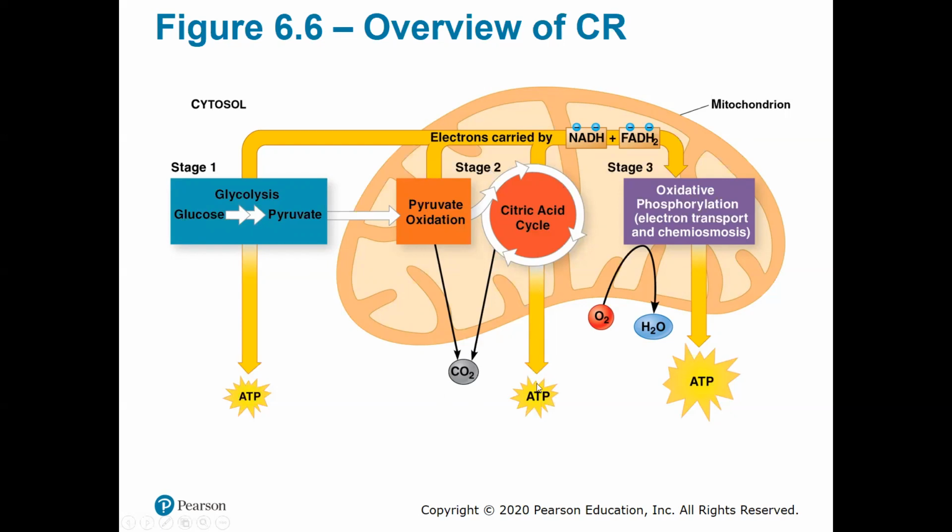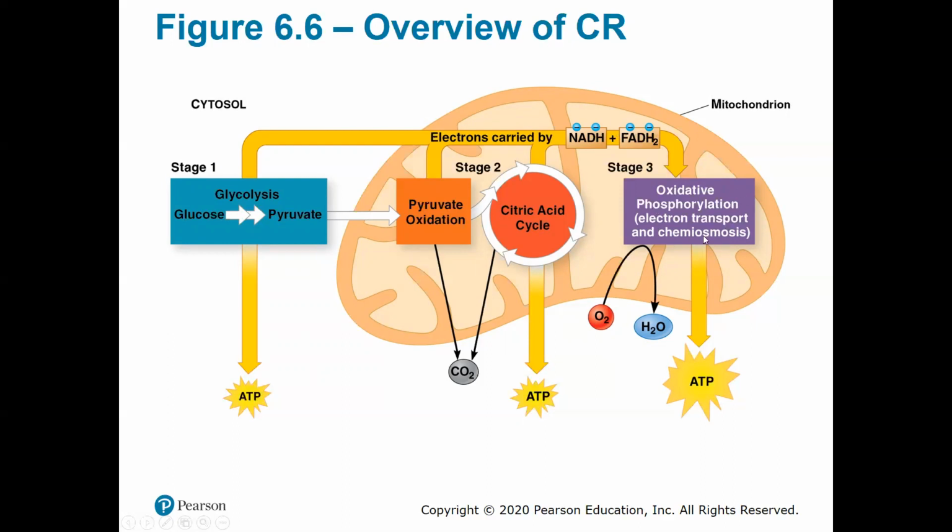However, the citric acid cycle will create some ATP, but it also creates NADH and FADH2, which are going to be sent to the electron transport chain or oxidative phosphorylation.